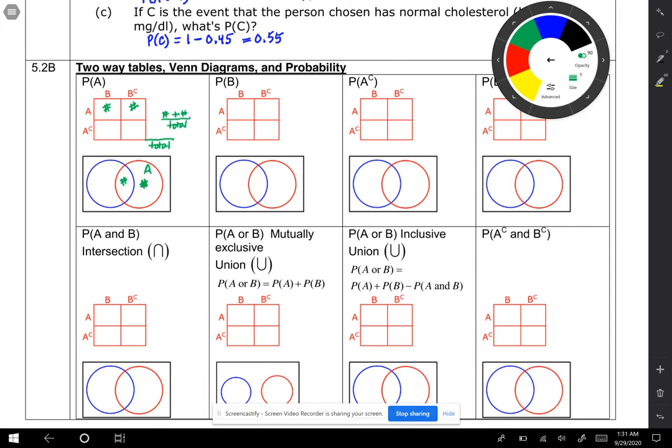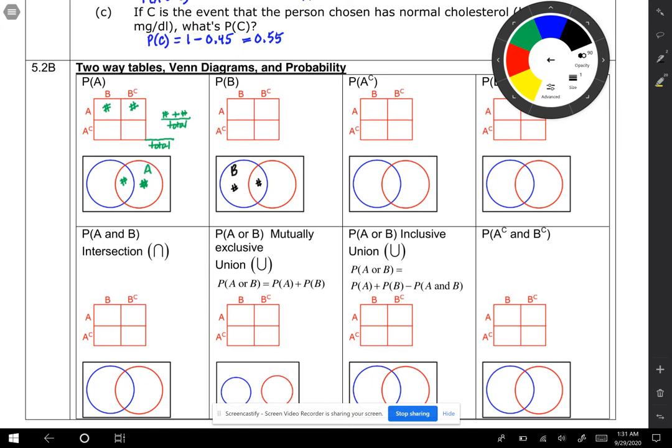So the next one is the probability of B. Let's choose here. Okay, so this is B. You would have a number here and a number there.